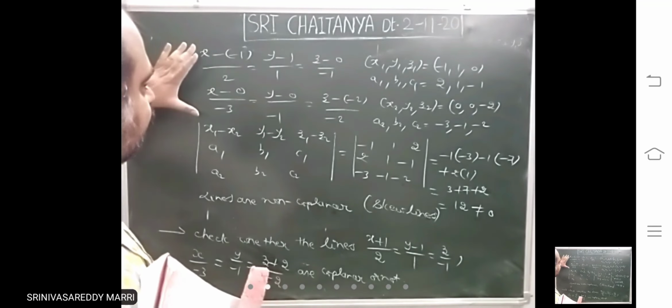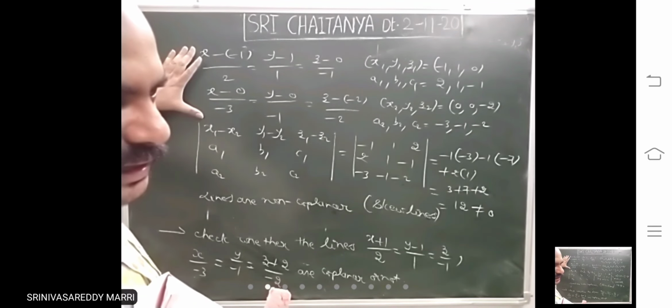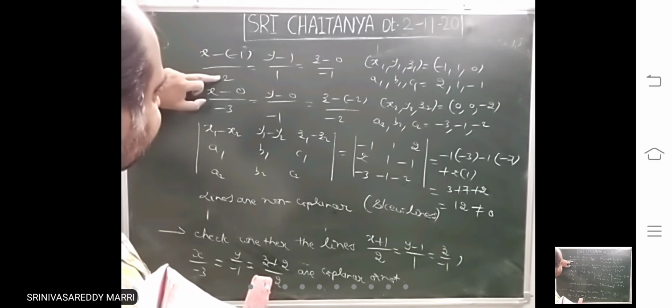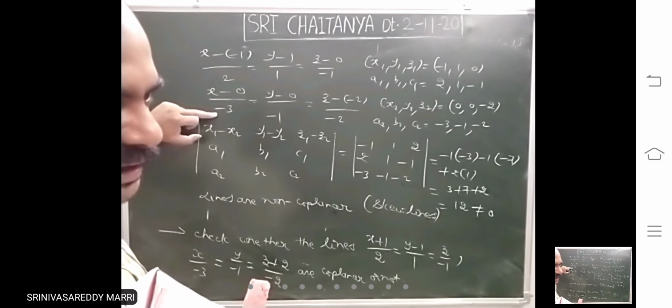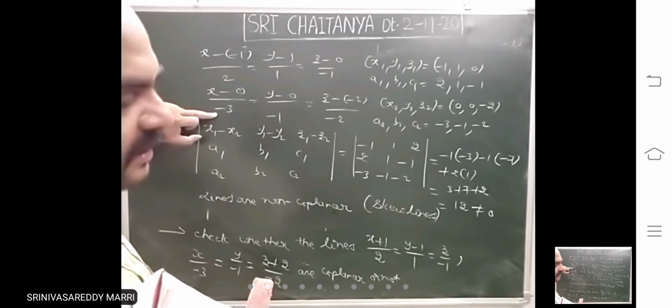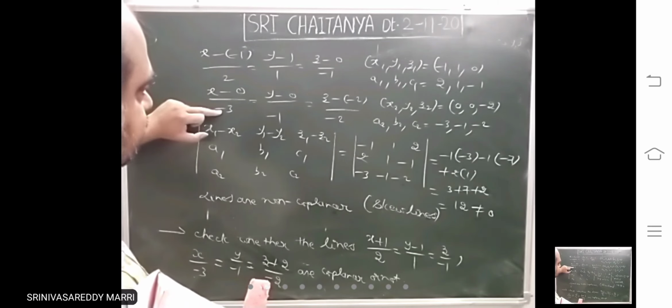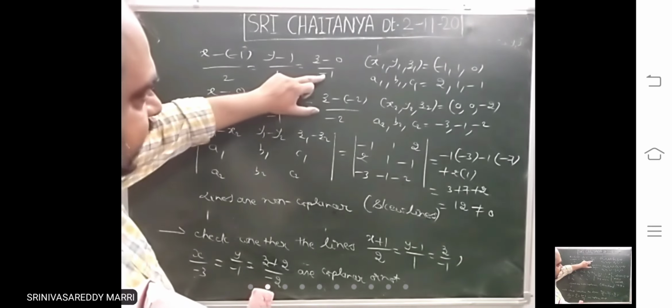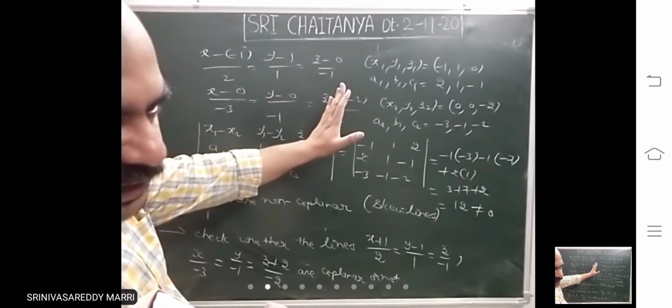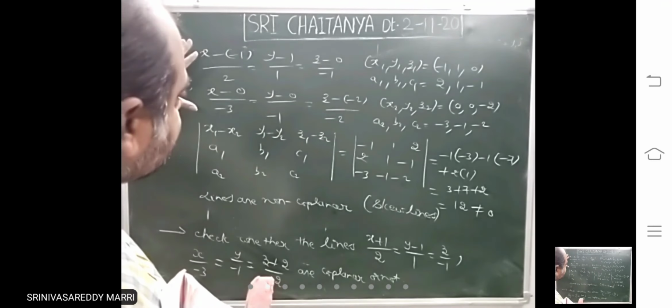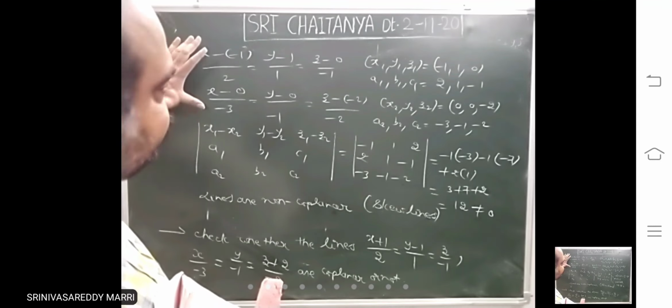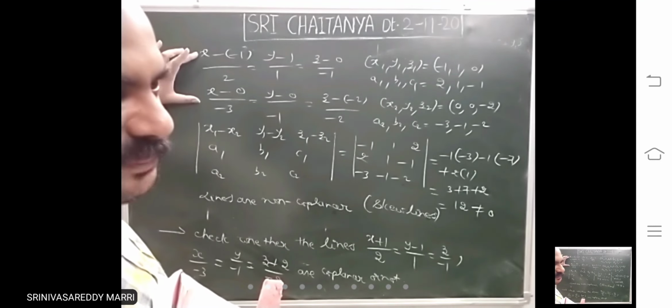If two lines are given, you can easily check whether these are parallel lines or not. These are not parallel. 2 by minus 3, 1 by minus 1, minus 1 by minus 2 are not equal, so they are not parallel.